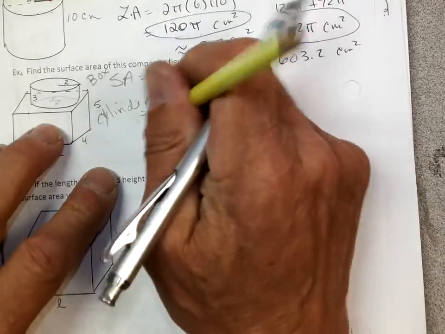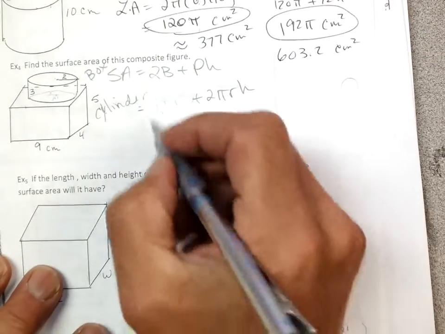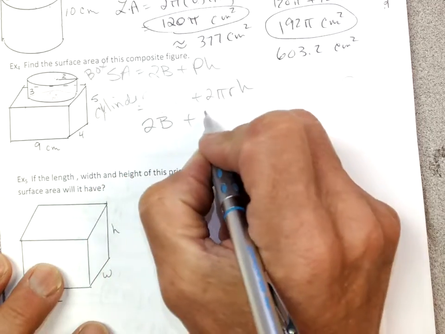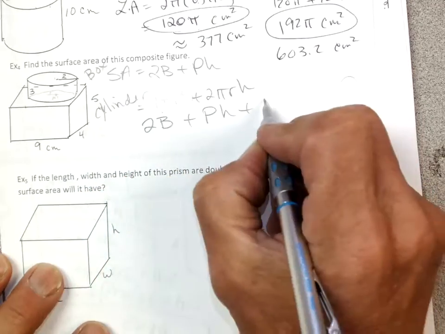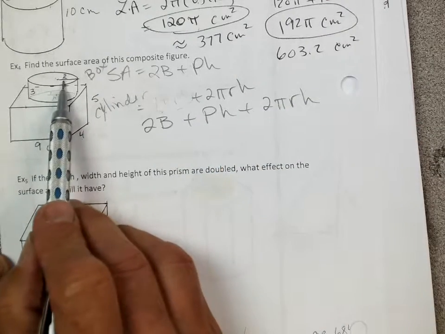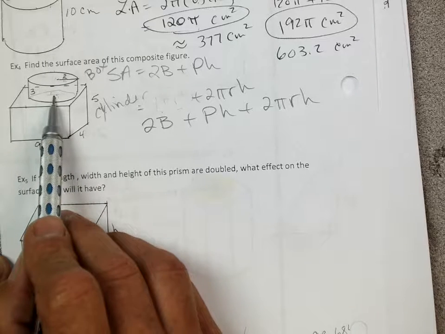So this circle's gone. So here's the formula for this particular figure. It's going to be 2 times the base plus perimeter times the height plus the 2 pi RH, which is kind of weird because you can see a circle here, but this circle gets subtracted out from the circle here that never got painted, right? We want to paint it twice.